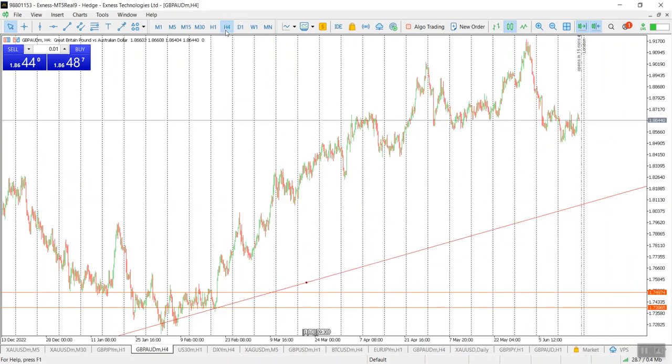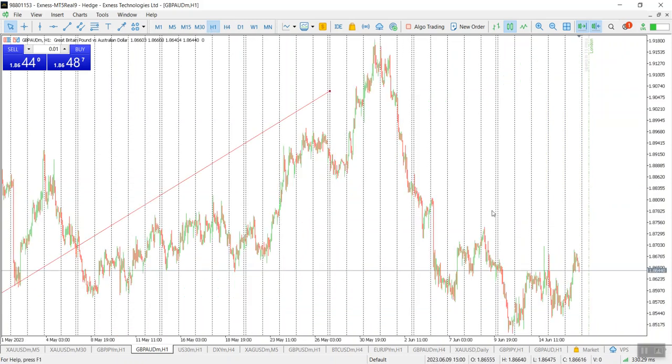Then, if we go down to our 4 hours time frame, we want to determine what we are seeing. And then if we go down to our lower time frame, the 1 hour time frame, this is what we are seeing.